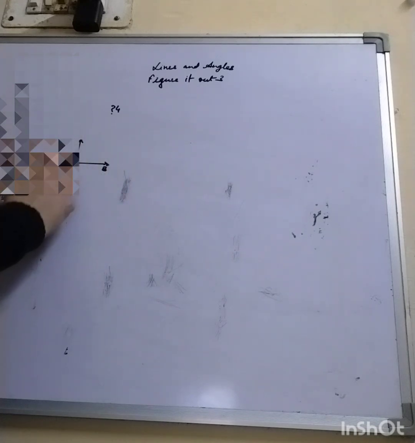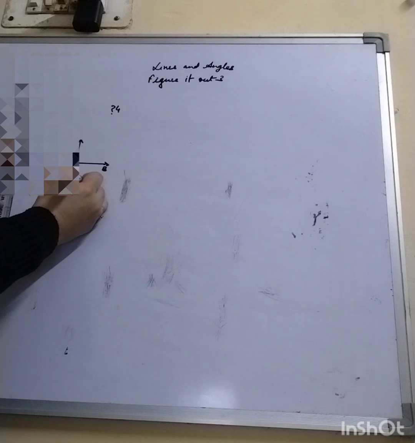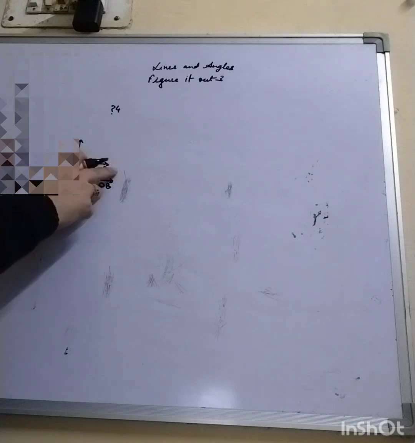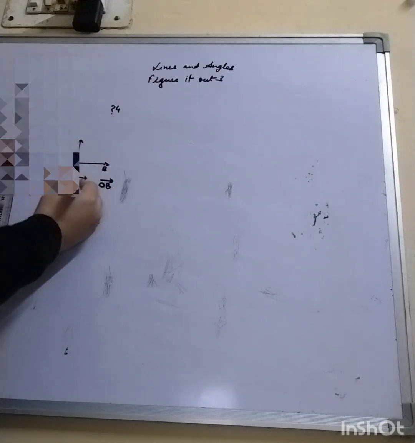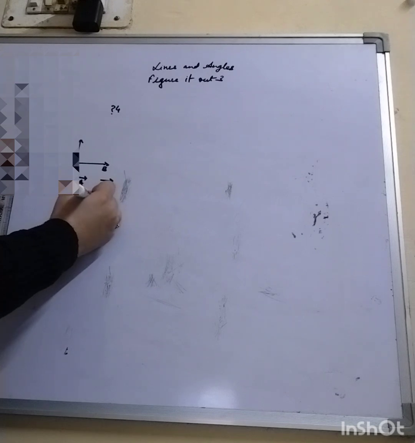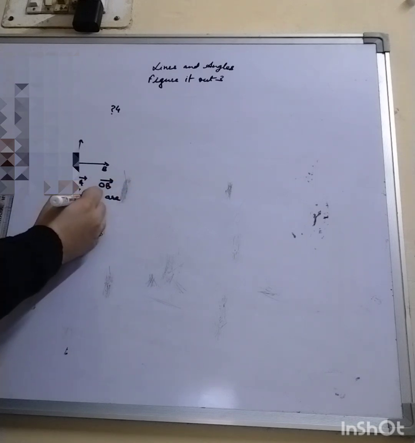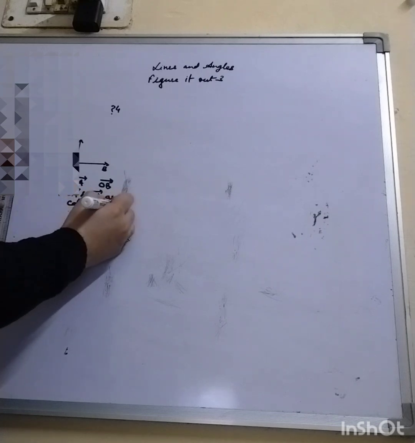So there are two rays here. One is OA and one is OB. When two rays make the shape L, then OA and OB are called perpendicular lines.